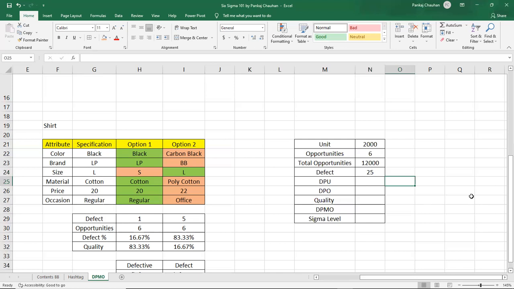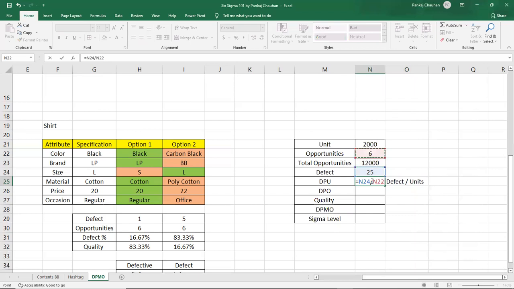So DPU is the defects you have observed, in our case 25, over units. Units are 2000. So as per this data, my defect per unit will be 25 by 2000, which is 1.25%.